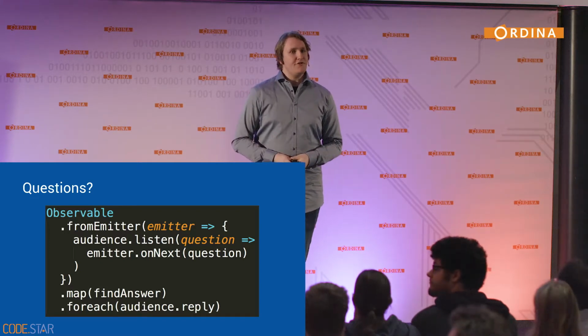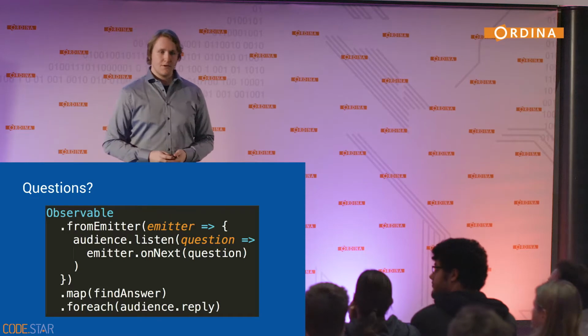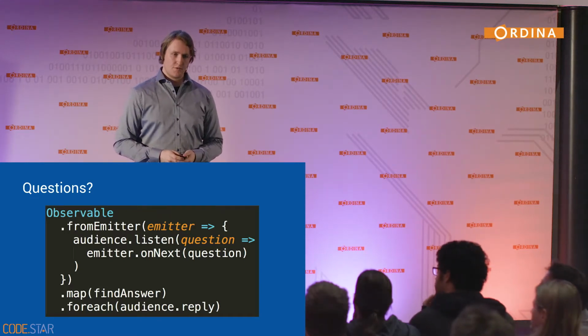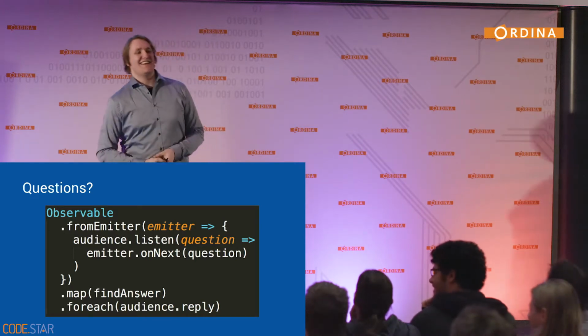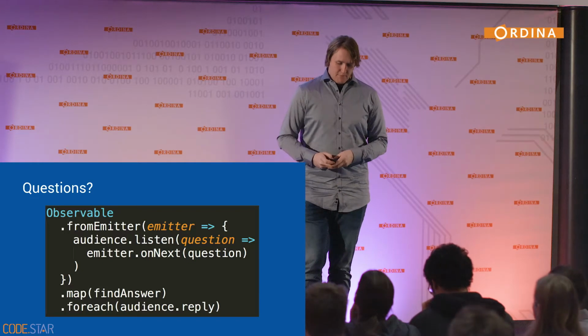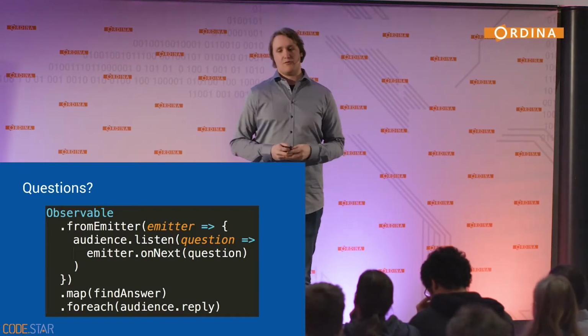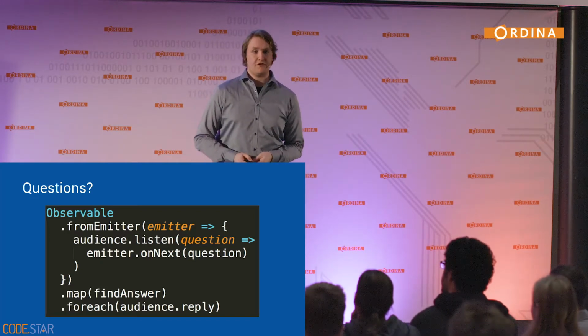Are there any more questions? Yes? How does it work when you have back pressure with multiple observers? That's a very good question. The question is, how does back pressure work with multiple observers?